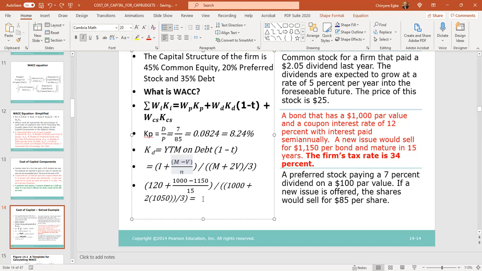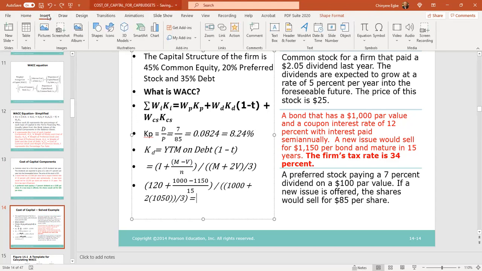So this will be 110. And then on this side, we're going to insert another equation here.